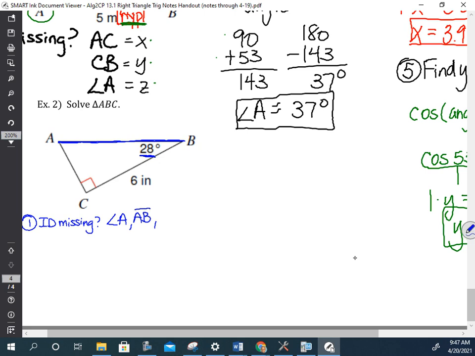Just use the two letters of the name. AC. So what are the three things that are missing? Two sides, and we're going to make one of them X and one of them Y. And the missing angle, we're going to make Z. Those are the three things that we're missing.